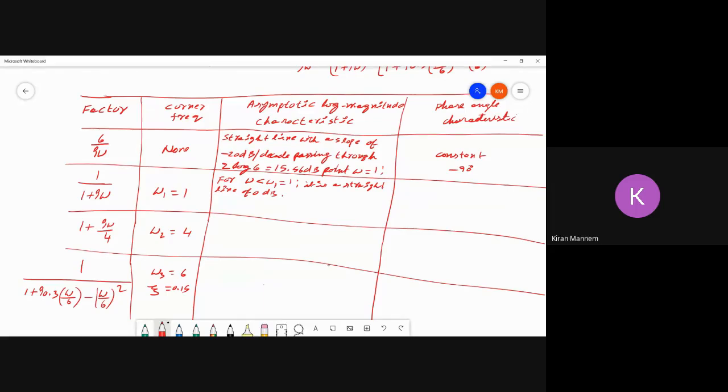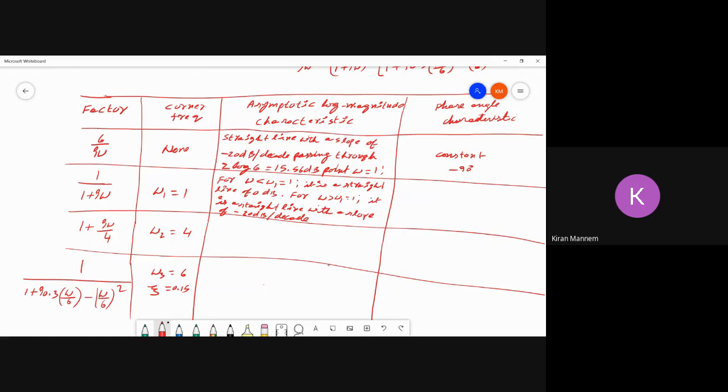Then for omega greater than omega 1, which is 1 here, it is a straight line with a slope of minus 20 dB per decade. Okay.